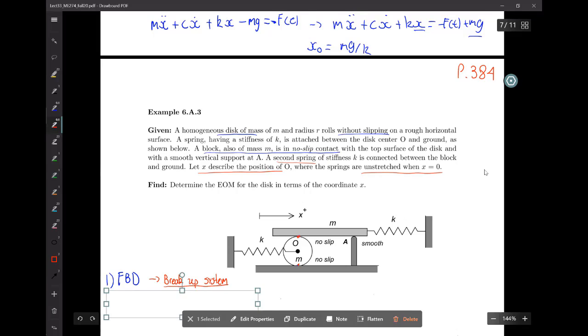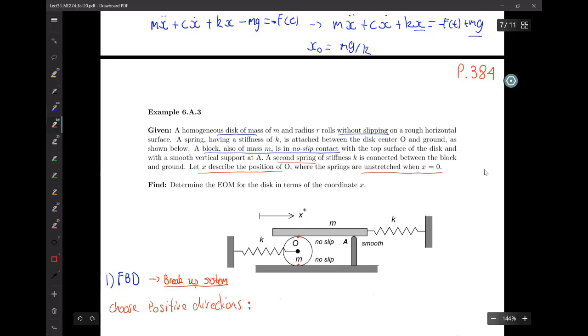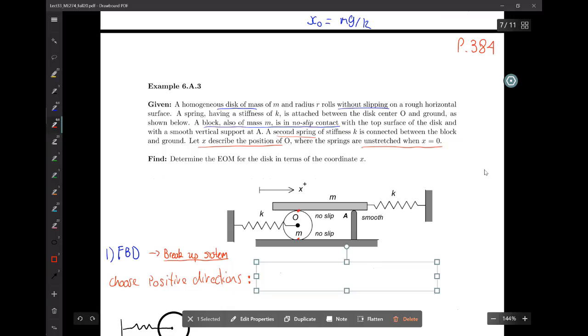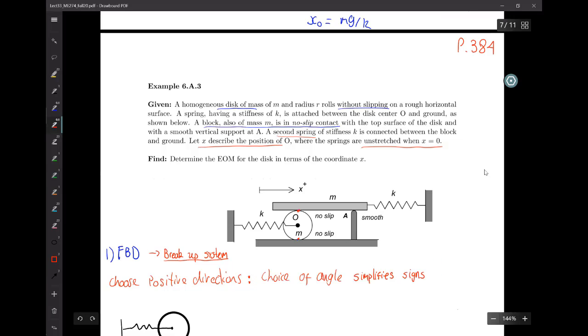Now, one thing that's going to be important now is choose the positive direction. So you saw in my previous example, I chose downwards to be positive, out of convenience. In this case, we are going to make choices, and this is particularly important for angles. We're going to make the choice of the angular quantity to simplify our lives.